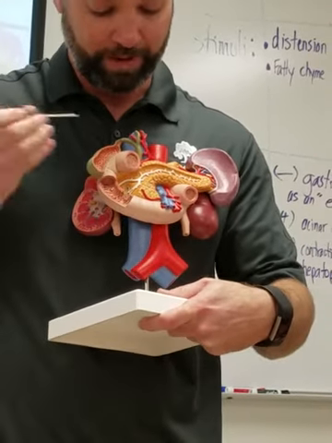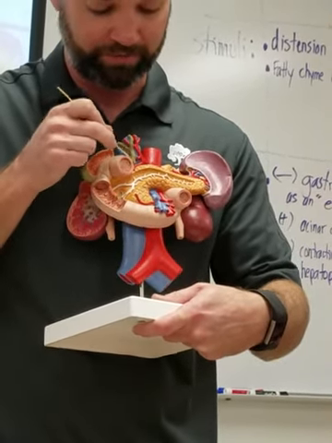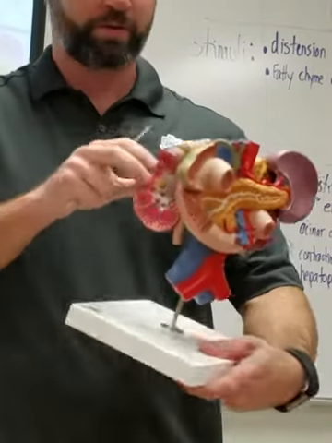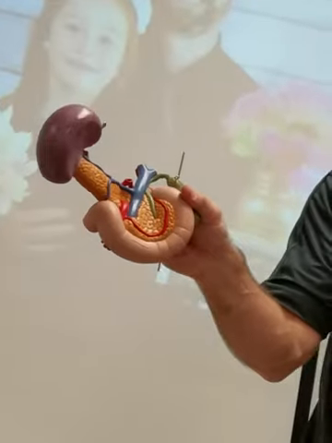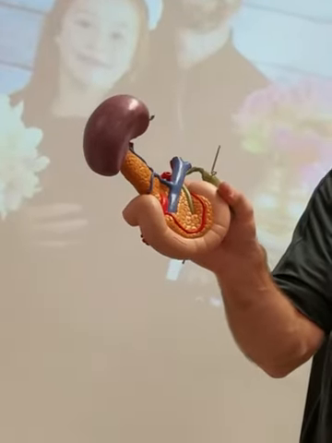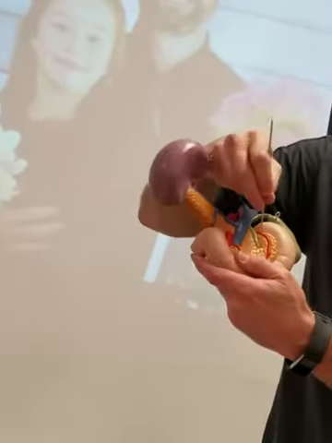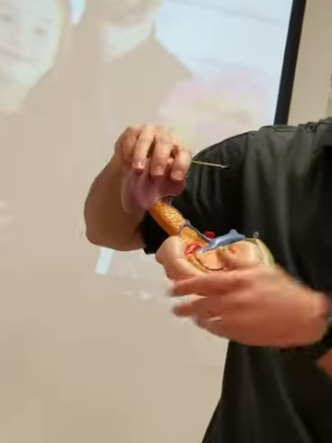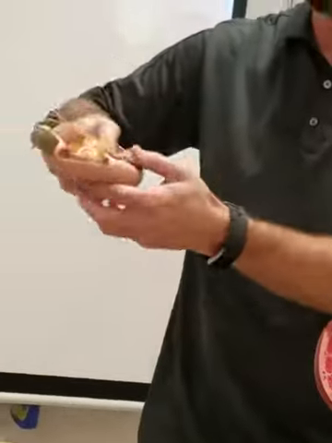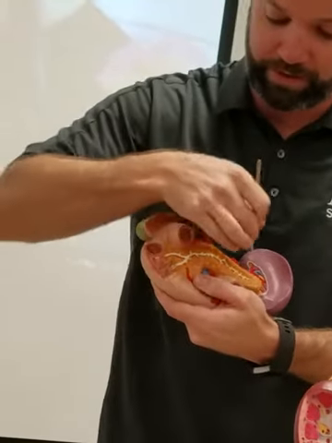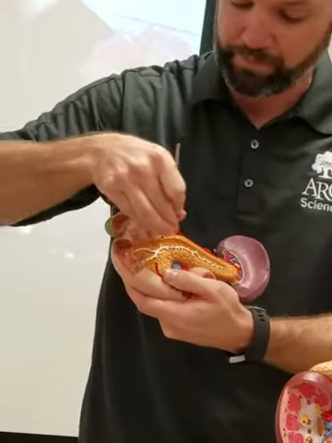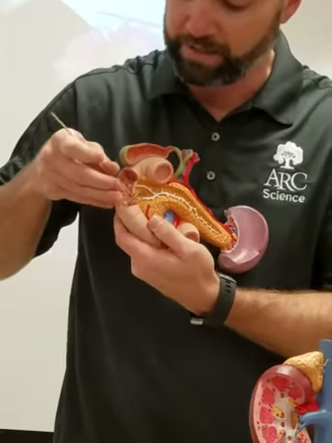Common hepatic. It merges with cystic and forms common bile, which you can see better on the back side. So that's all common bile duct there. And it goes all the way through, comes out the other side, and then it joins up with main pancreatic duct.